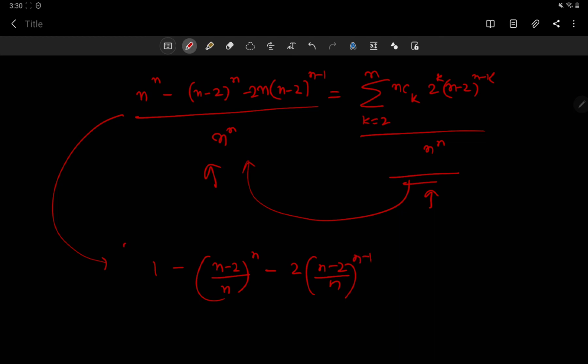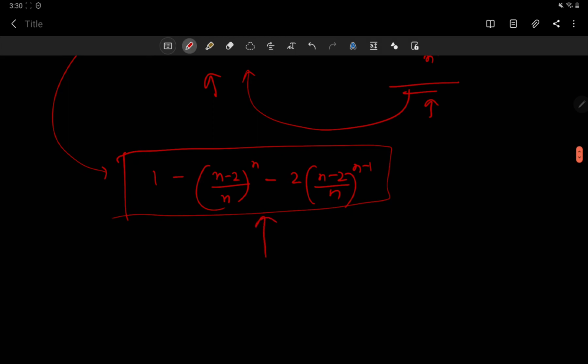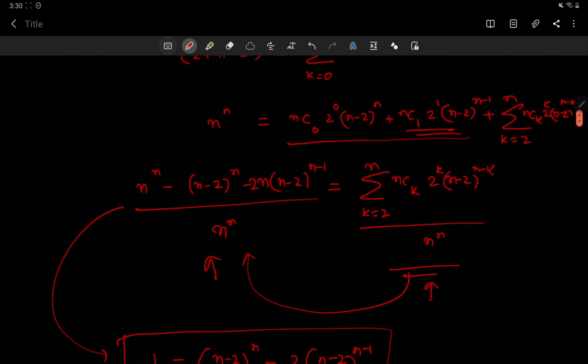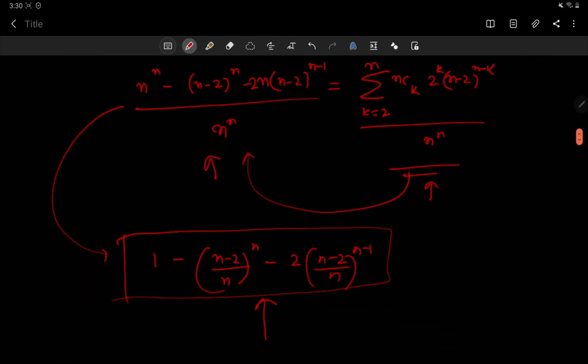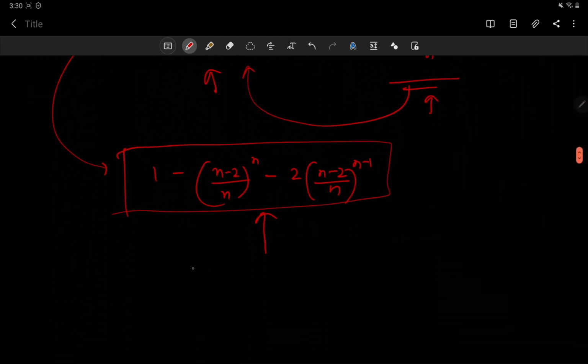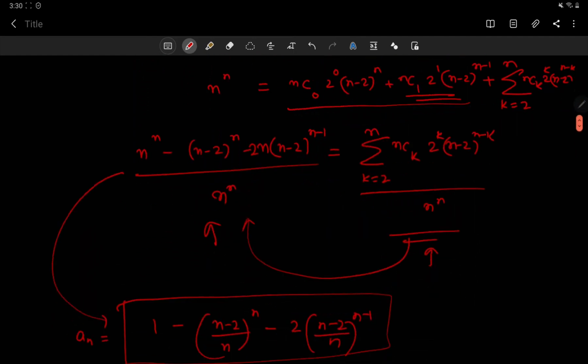So this becomes this. And now we have to find the limit of this because we have to find the limit of an. So this is our an, and sorry, we have to find the limit of 1 minus an.